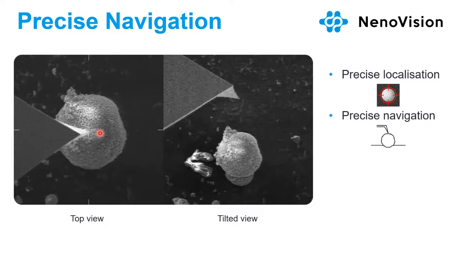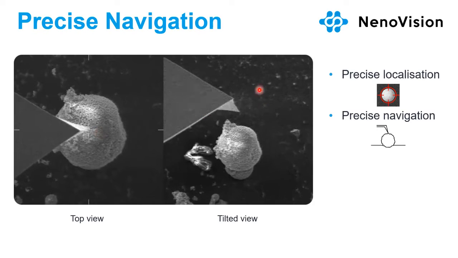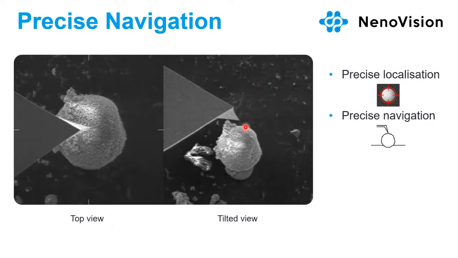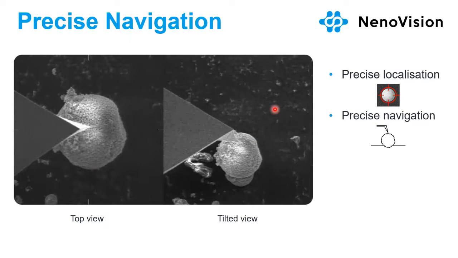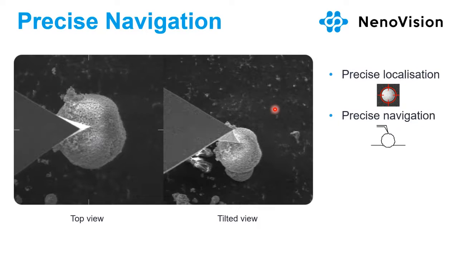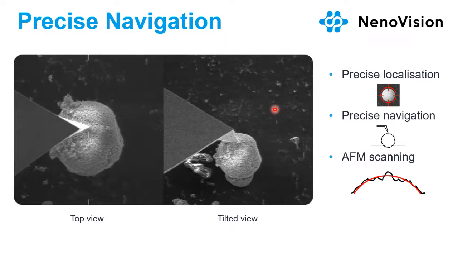And then we need to get to the particle. So we are approaching here in the tilted view. We can see how we are getting closer. We are on the particle, and the last thing, we start measuring.